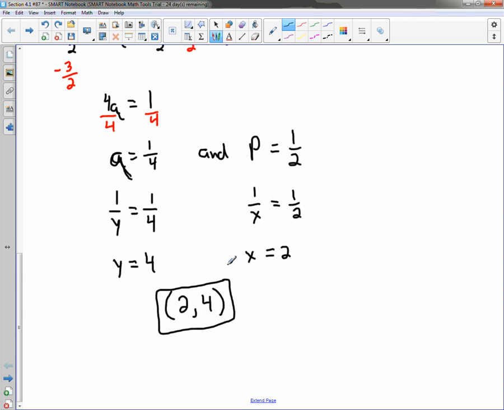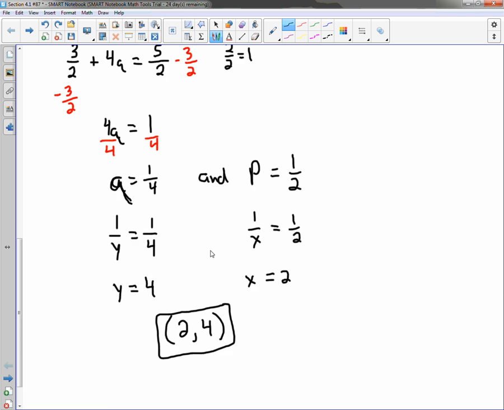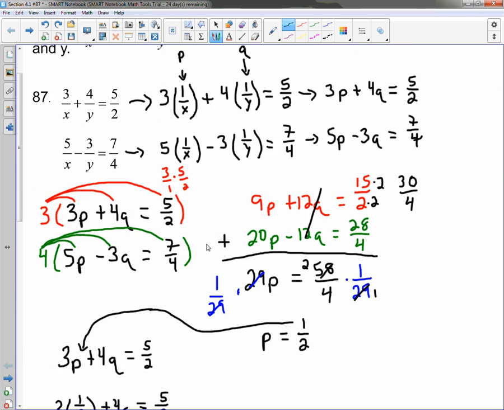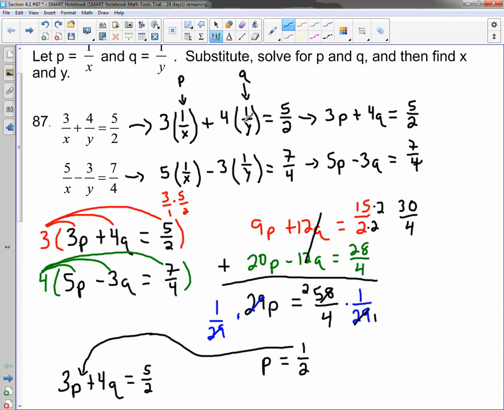So this is definitely a lengthier process than solving just a regular system of equations where we don't have variables in the denominator, but it does require you to do a lot of the same steps in the middle. The only difference is at the very beginning, we need to change our format, get rid of these fractions, and make them into our p's and q's.